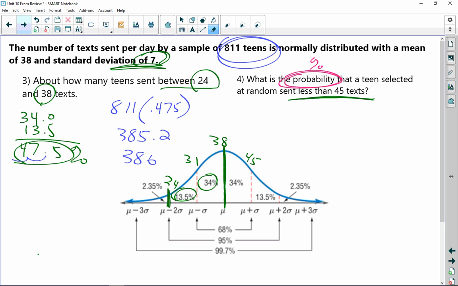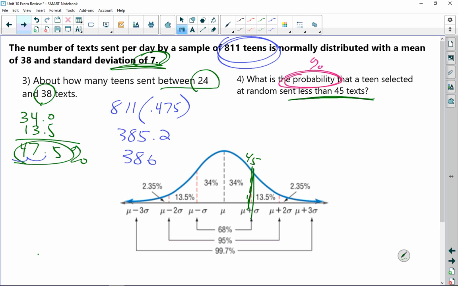I'm going to erase some of this. 45 is right here, and I want to go to the left. Less than, so I have to include all of this portion to the left.